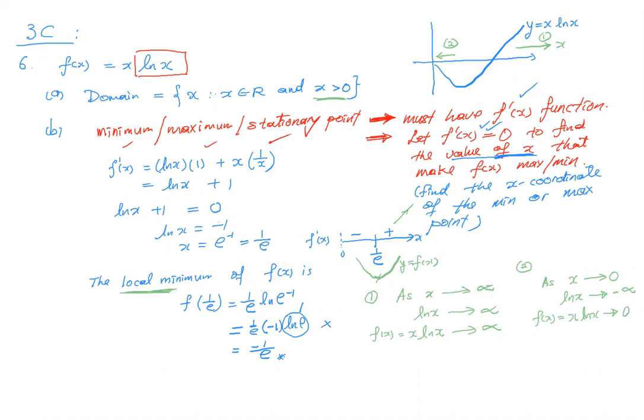So this is to prove that f(1 over e) equal to negative 1 over e is the minimum value. So it's not only a local minimum for y equal to x ln x.